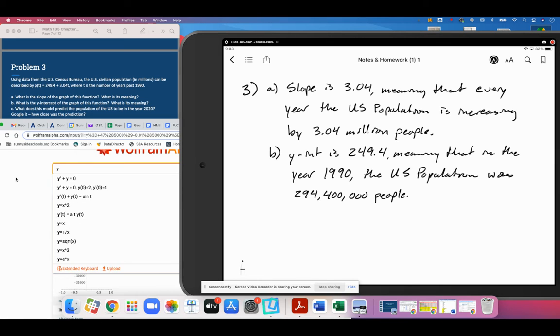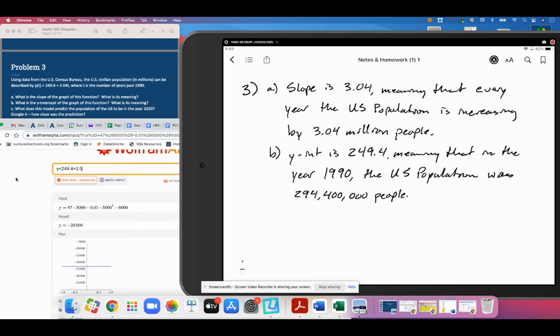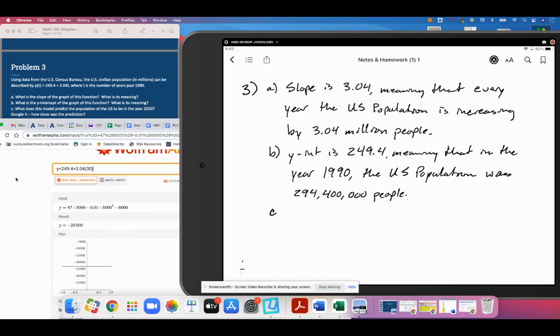So for part C, the way that we would start this off is P of t is equal to 249.4 plus 3.04, and we can put 30 in for t because we are 30 years past 1990.